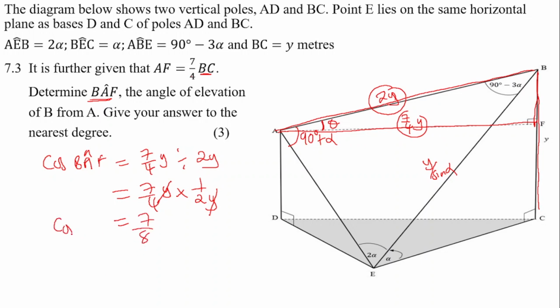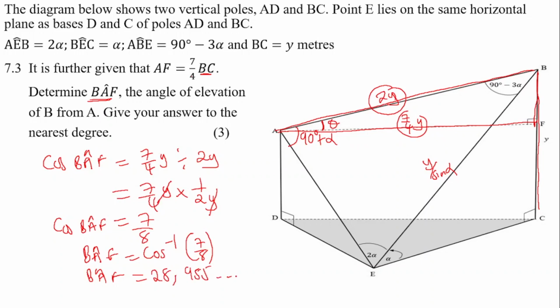So this is cos BAF, and now BAF is the angle. We take arc cos of 7 over 8 and what do we get? Angle BAF is equal to 28.955, and it goes on like that, which is roughly 29 degrees, because they said give your answer to the nearest degree, so that is 29 degrees.